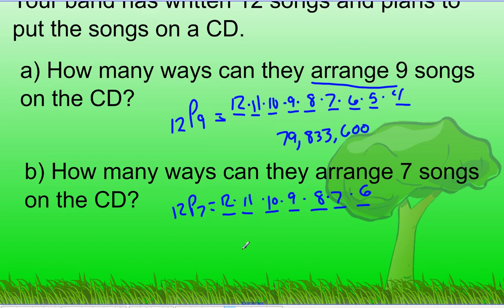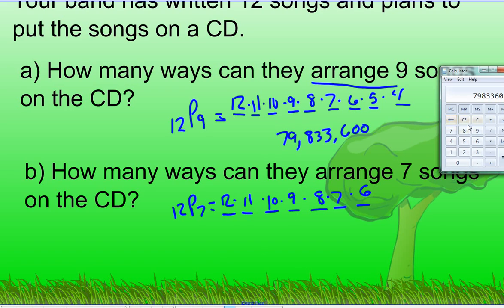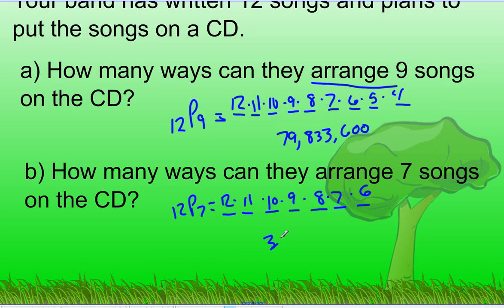Multiply them together with the calculator: 12 times 11 times 10 times 9 times 8 times 7 times 6 equals 3,991,680 ways for just 7 songs.